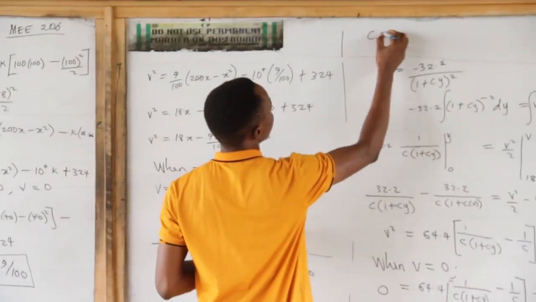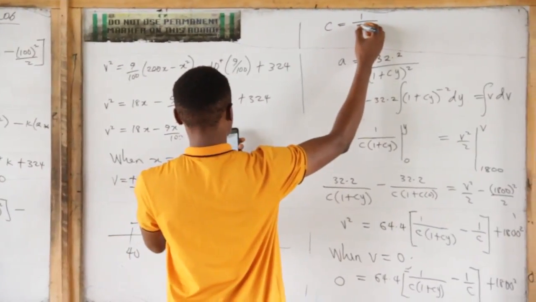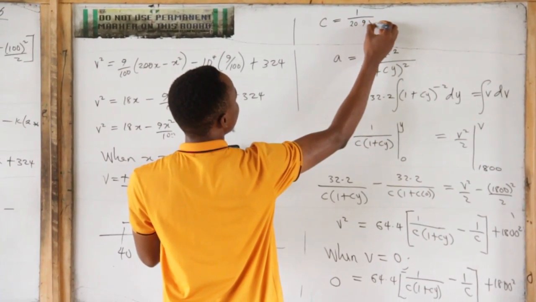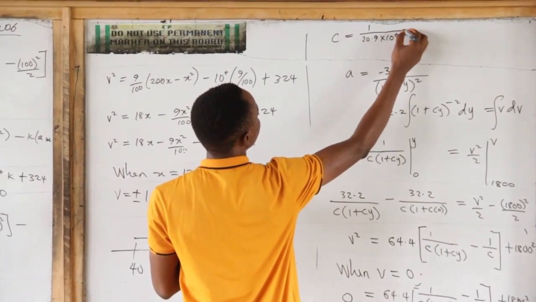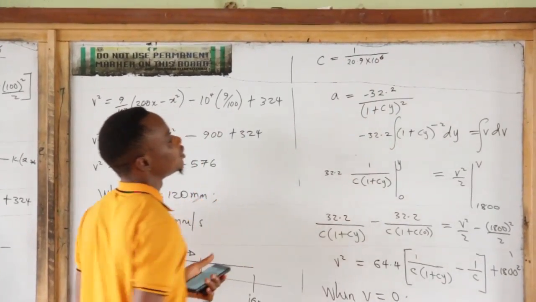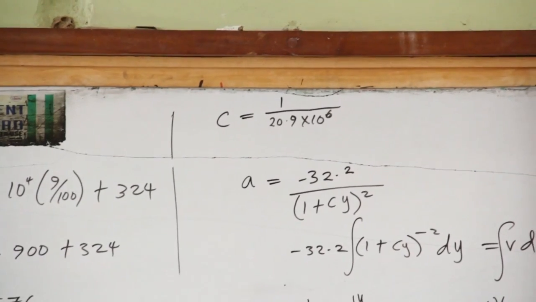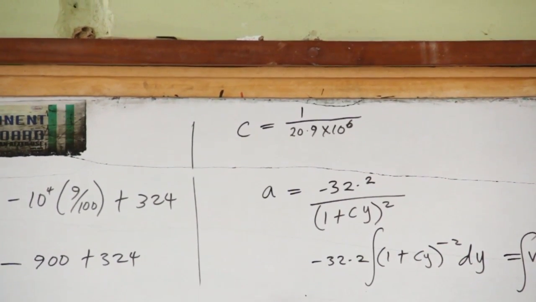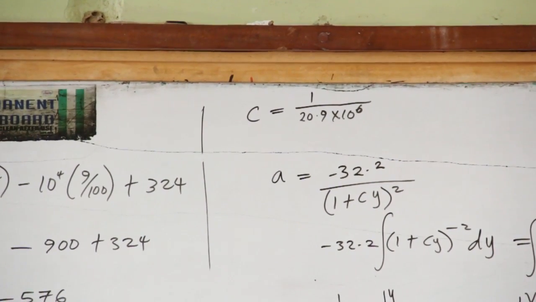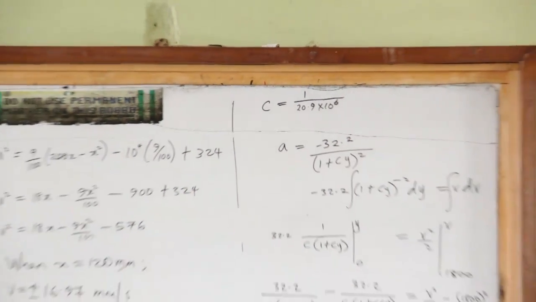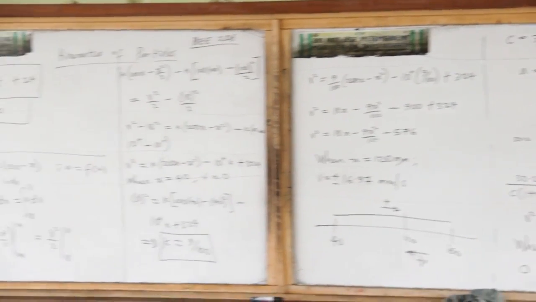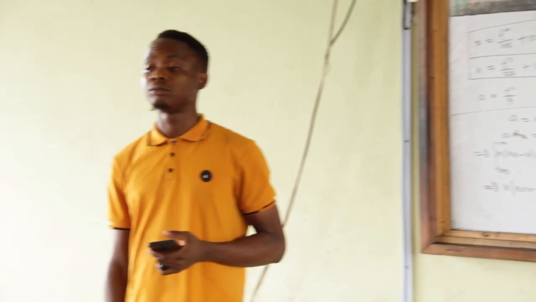It's 1 over 1 over 20.9 times 10 raised to the power 6, like this, right? No, try it like this. What does it give you? This one works. You should get a positive answer, and it should be a large number also. What does it give you this way?